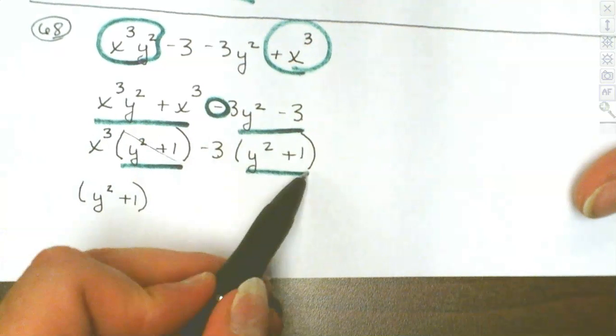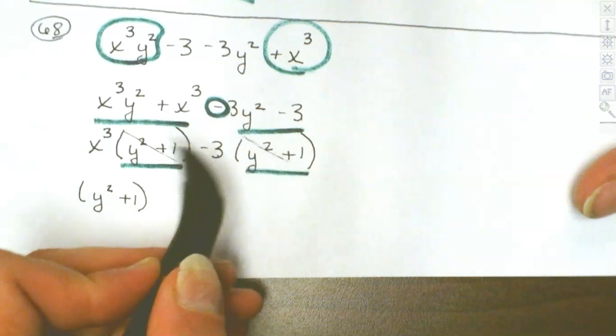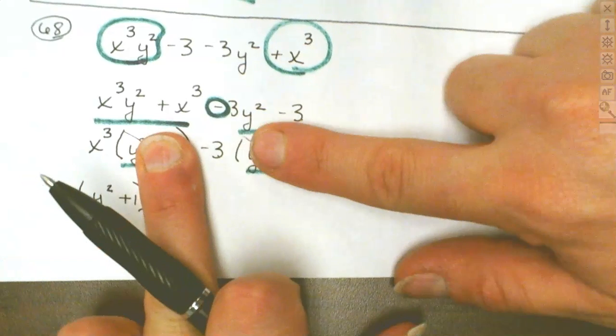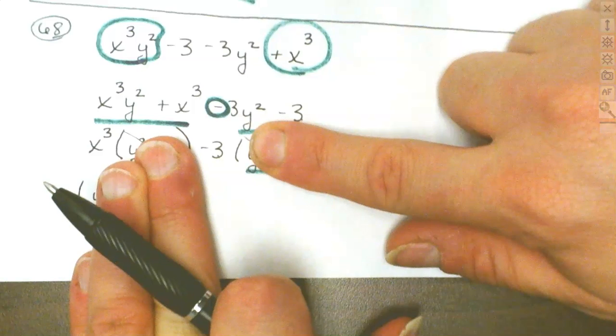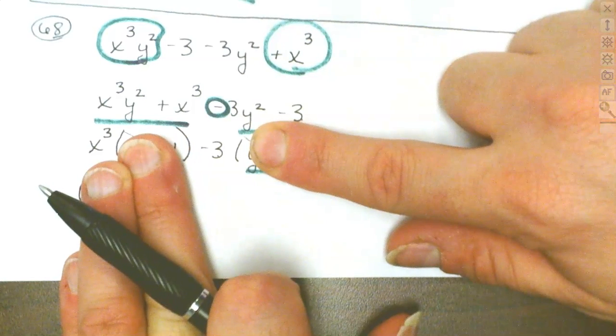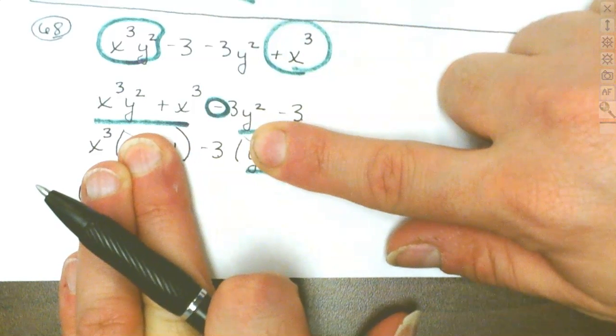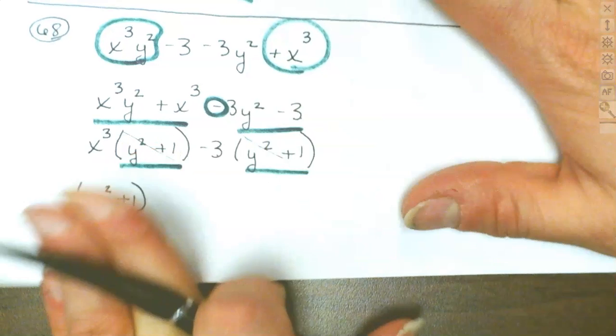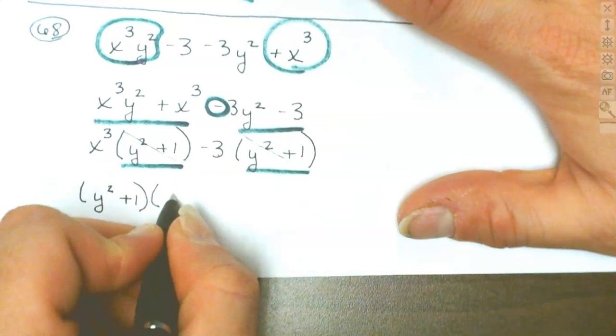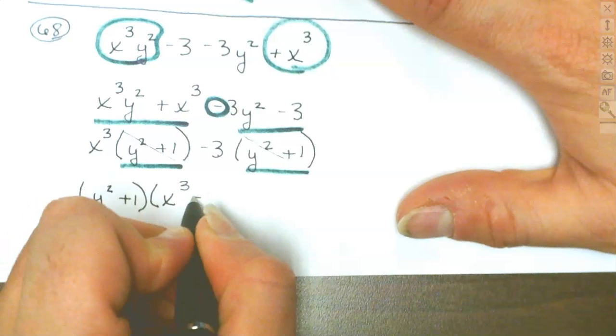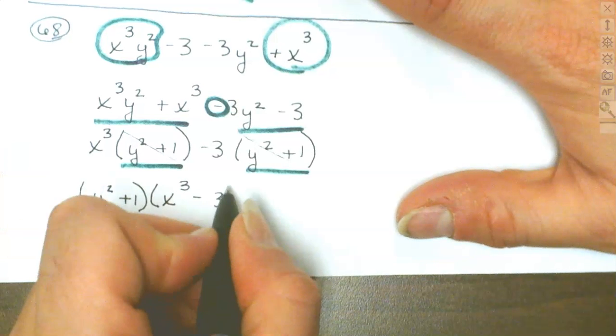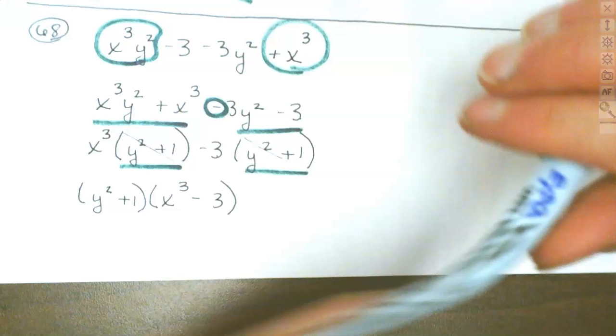Gone and gone. Cross them off if that's helpful. Those are gone. Okay, and what's left over? What's left over is x cubed minus 3. So that leaves us then with an x cubed minus 3. And that's as far as we can go.